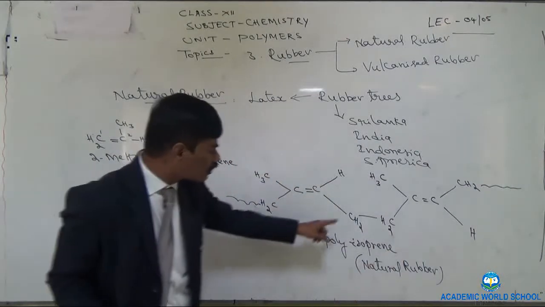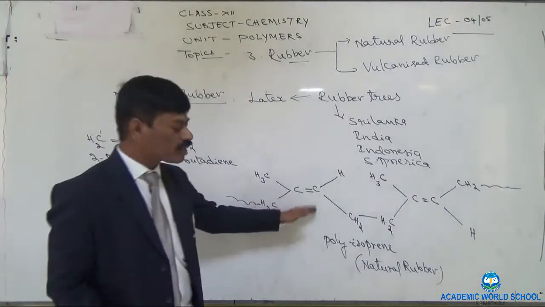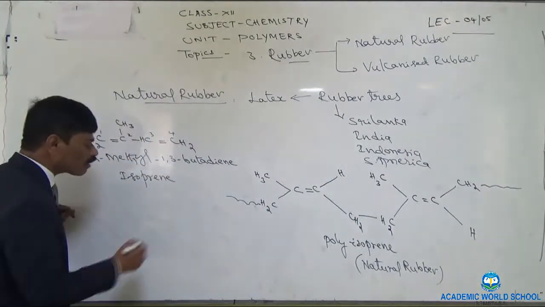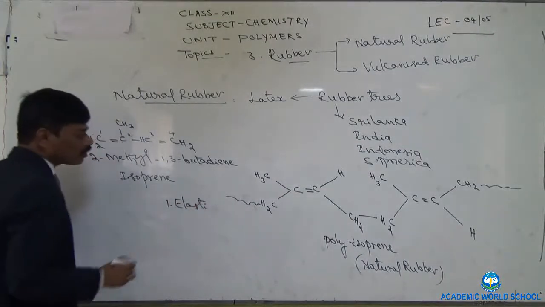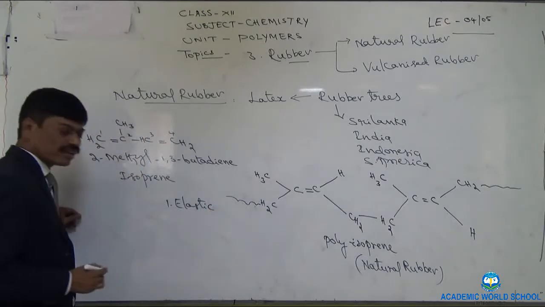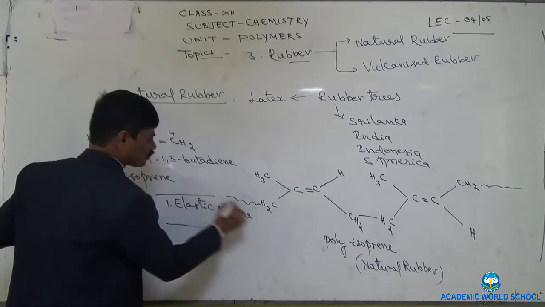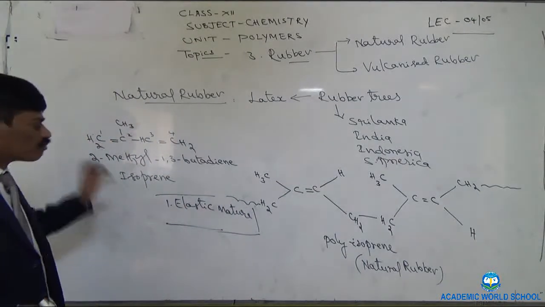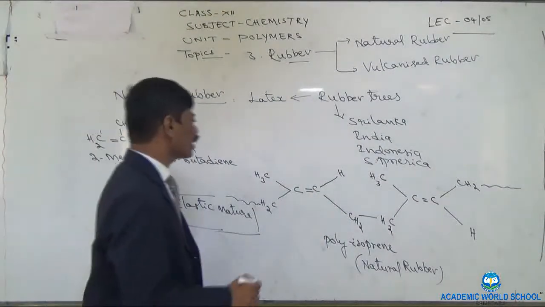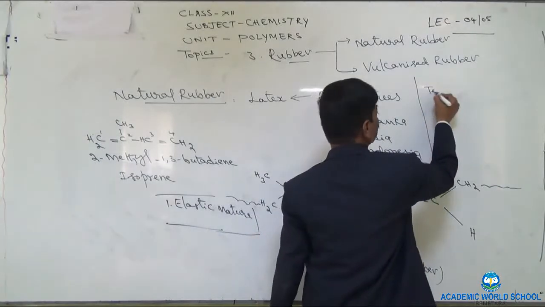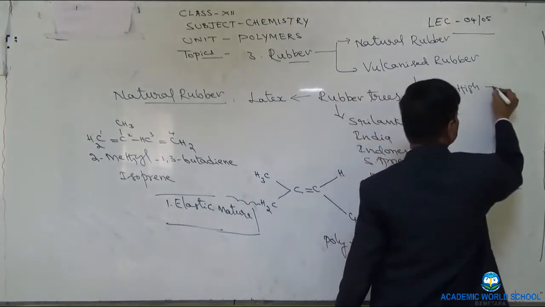And here the bond line between two CH2 groups is very, very weak. Therefore, this substance will have the property called elasticity. So, it is elastic in nature. Because of this very weak bond, whenever temperature is high, the substance will become soft.